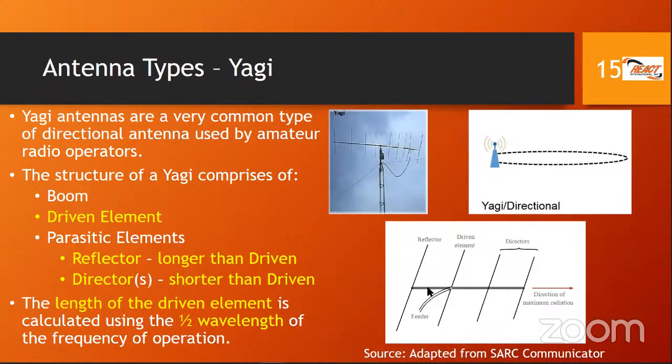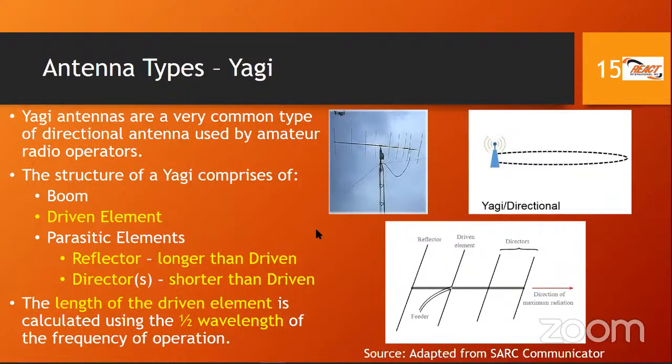The boom is this element here that you're seeing on the screen. It's where the other elements are connected to. So basically, it's like the foundation of the antenna, really, where all of the other elements are either attached to, connected to, screwed onto, clamped onto, and so on. So that is our boom.